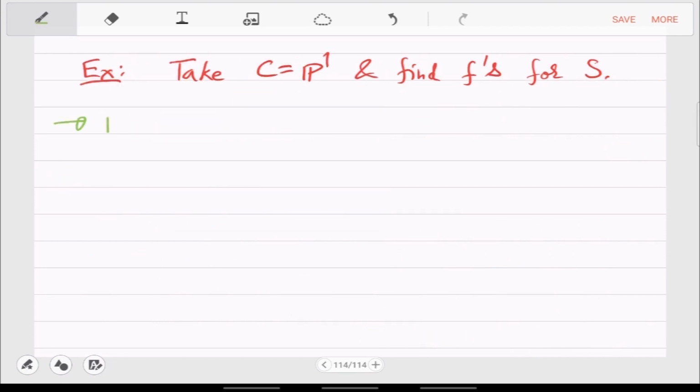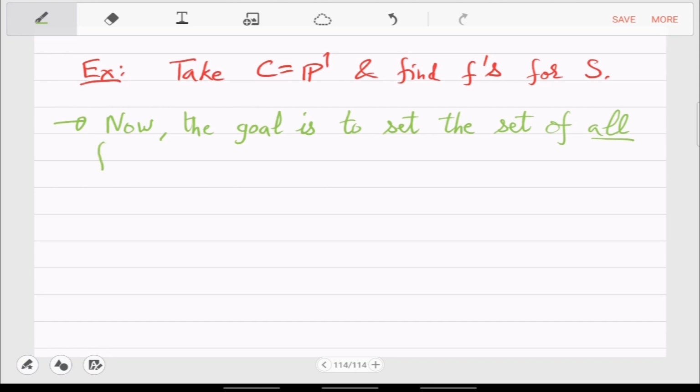So for the rest of the course, the goal is to study the set of all functions from the approximation that appear in the approximation theorem, the U's. Only for curves, of course.